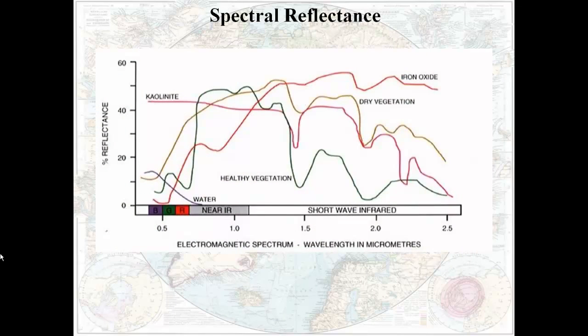A whole bunch of things reflect in a whole bunch of different areas of the spectrum. So if you have sensors that are sensitive to small portions of the spectrum, you're going to be able to see things like areas in here that reflect a lot, or areas in here that reflect a lot. But each one of these is going to require an individual sensor, and so this is what the visible sensors are going to give us.